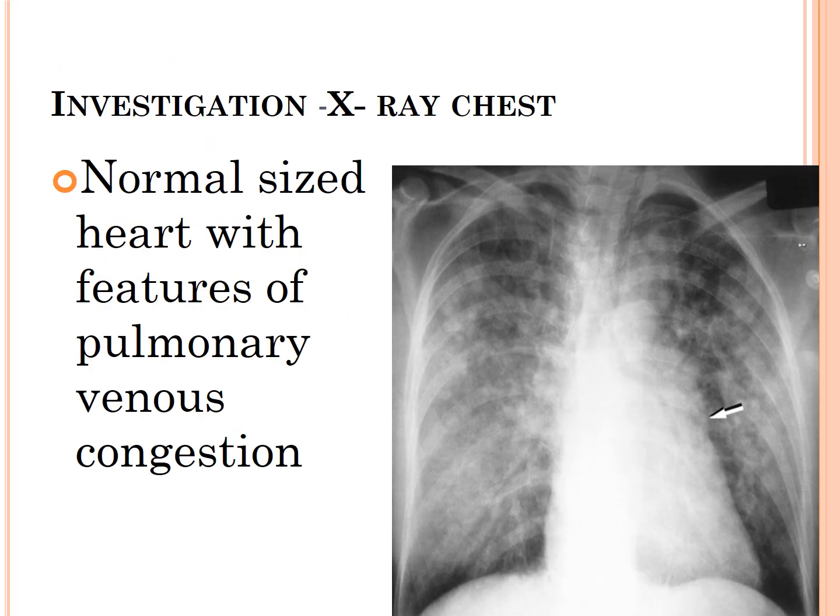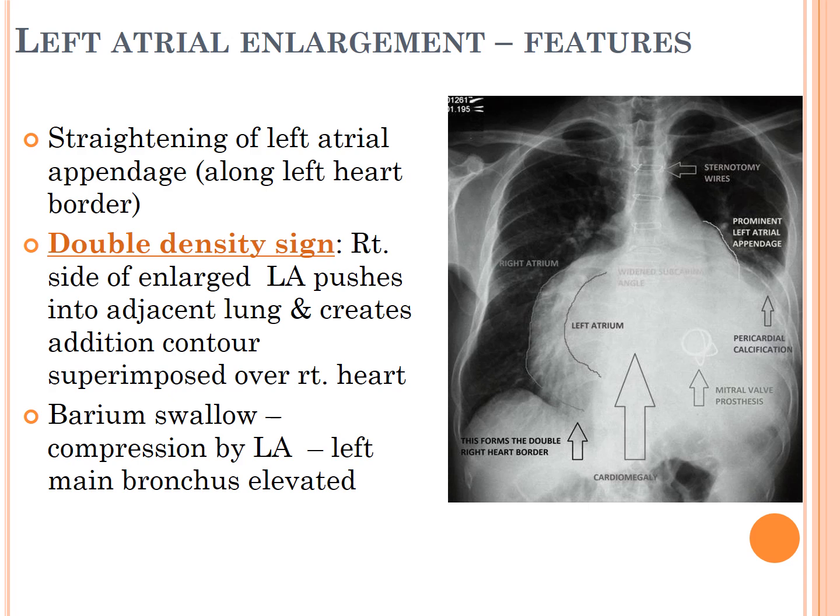Now come to investigations. In the X-ray chest, the heart size is normal and you see features of pulmonary venous congestion. Another feature in the X-ray of mitral stenosis is straightening of the left atrial appendage along the left heart border.